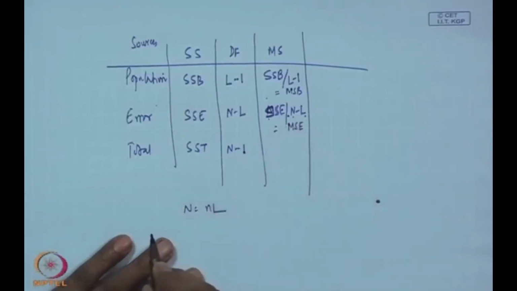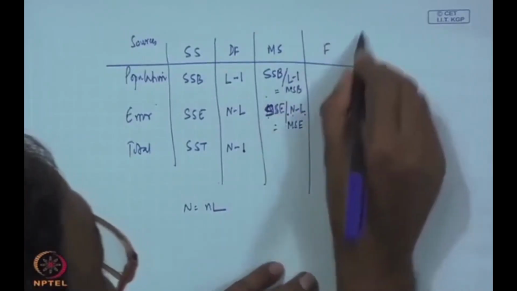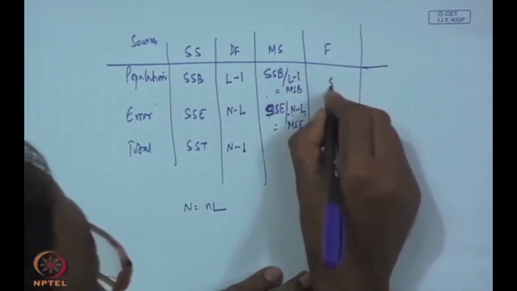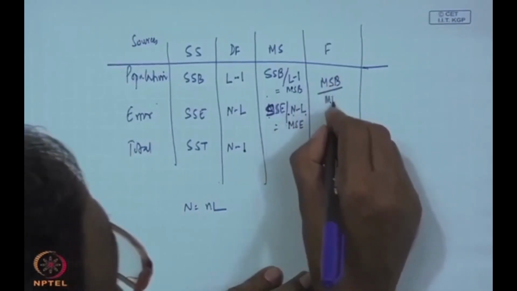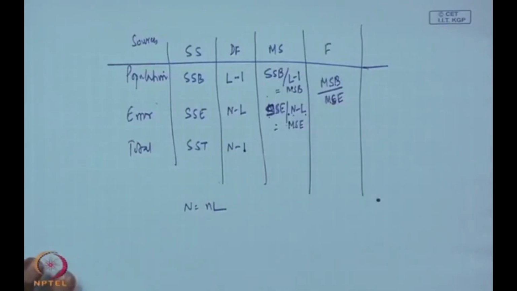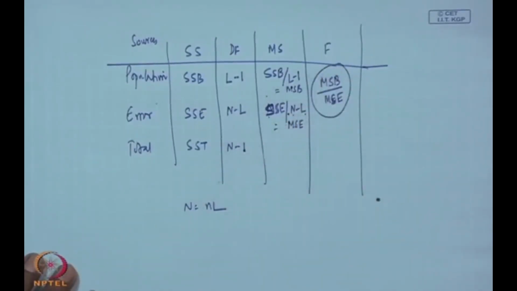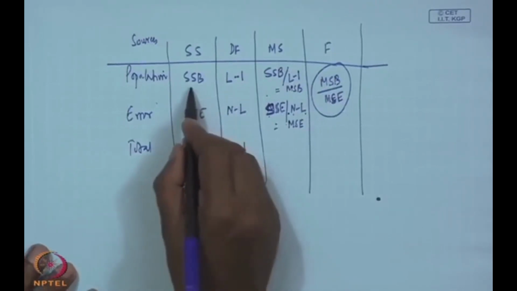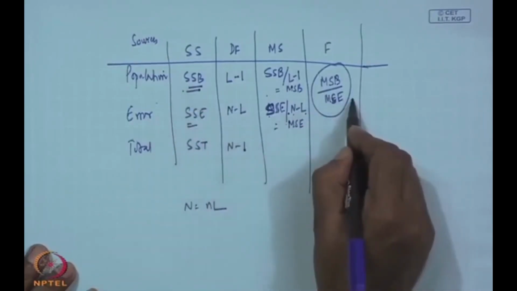MSE. Okay. Now, you are finding out a statistic called F, which is MSB divided by MSE. Why is it F distributed? It is the ratio of two chi-square variables, because SSB is a sum of squares and SSE is a sum of squares, and the ratio of two such quantities is F distributed.